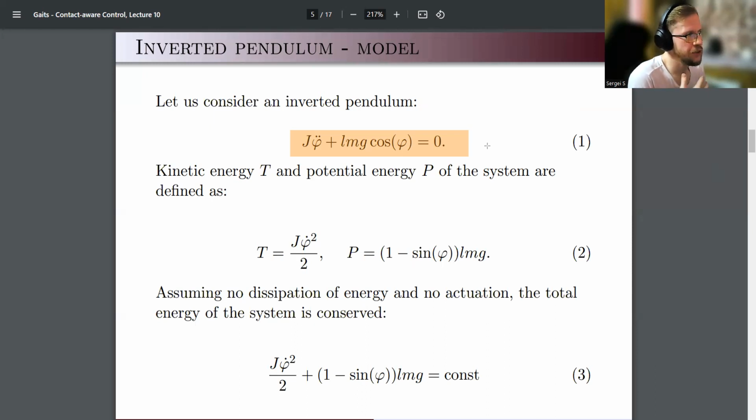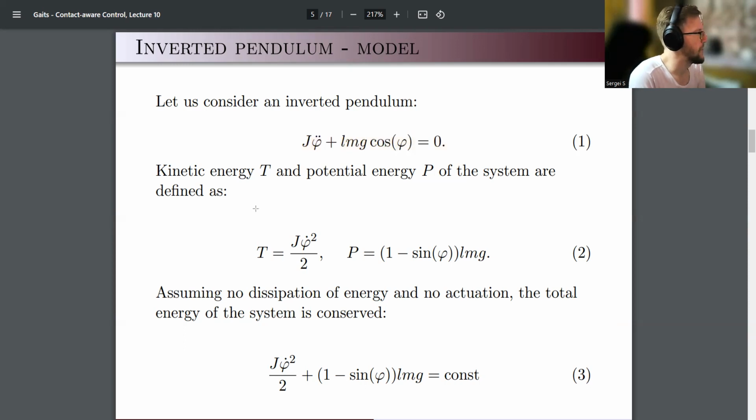So this model assumes that the energy will remain constant. Here, I guess I should maybe mention what those are. Inertia, mass, length, gravity, angle that describes the position of the pendulum. Okay.